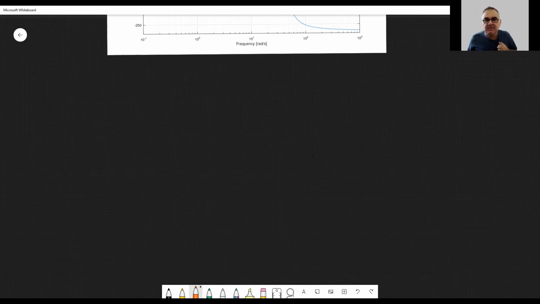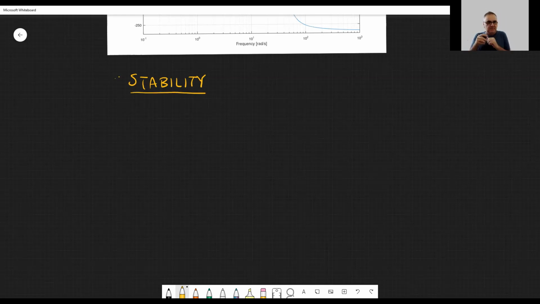We will look at, well, what is their use? We will just look at two important things. One is how they are used in stability. And then we will look at how we can use them for specification of performance.